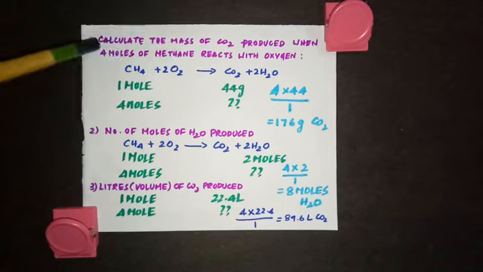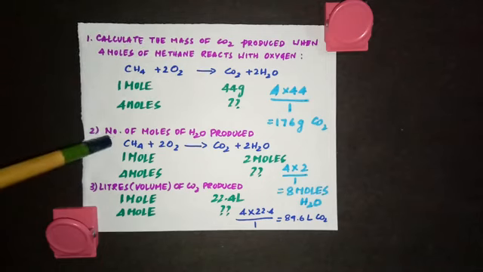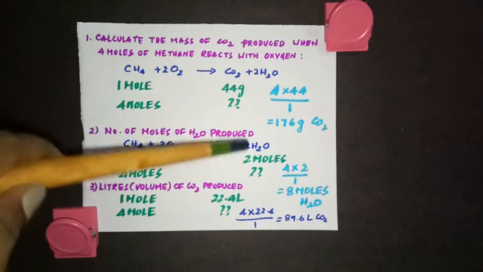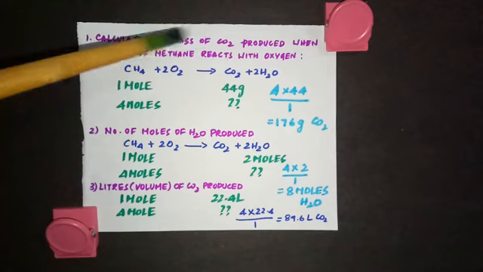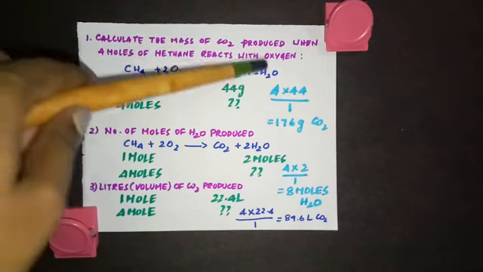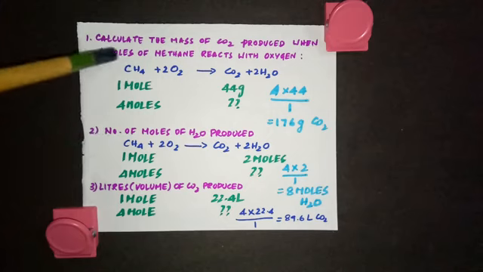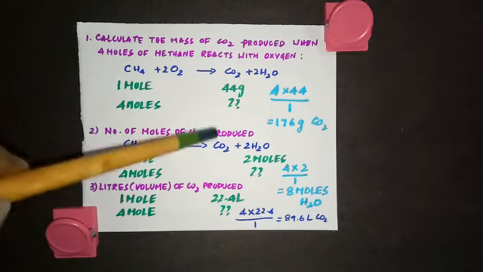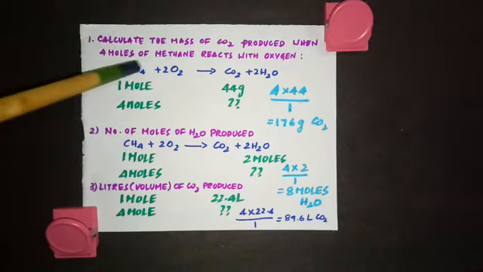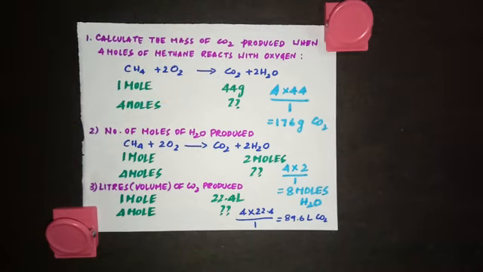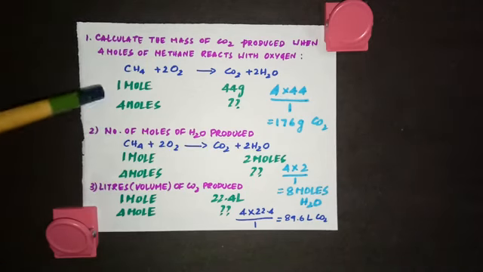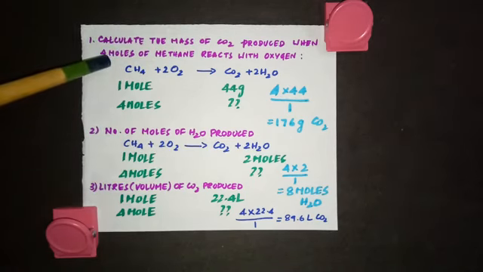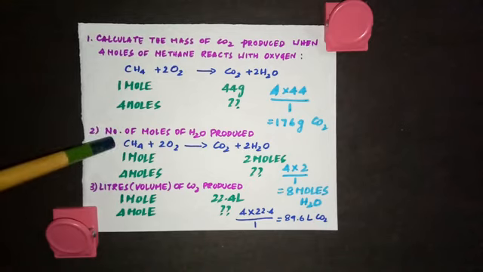Now same question. Now see, calculate the number of moles of H2O produced. First it was asked, calculate the mass of CO2 produced when 4 moles of methane reacts with oxygen. Now the question is, calculate the number of moles of H2O produced when 4 moles of methane reacts with oxygen. So again write the same equation. Okay, they have given methane in moles and are asking water also in moles.